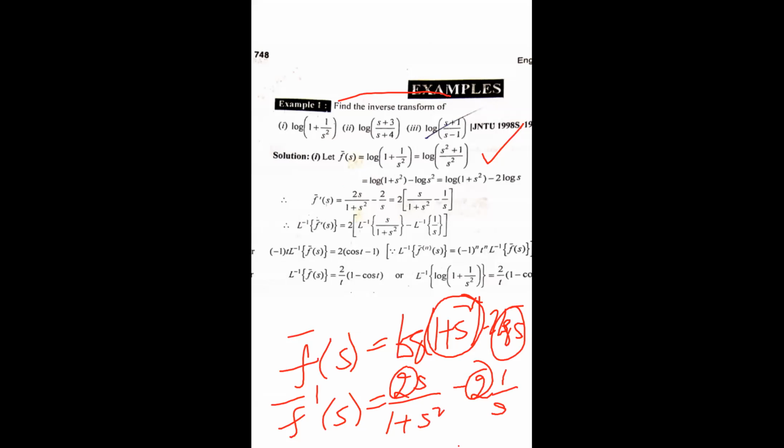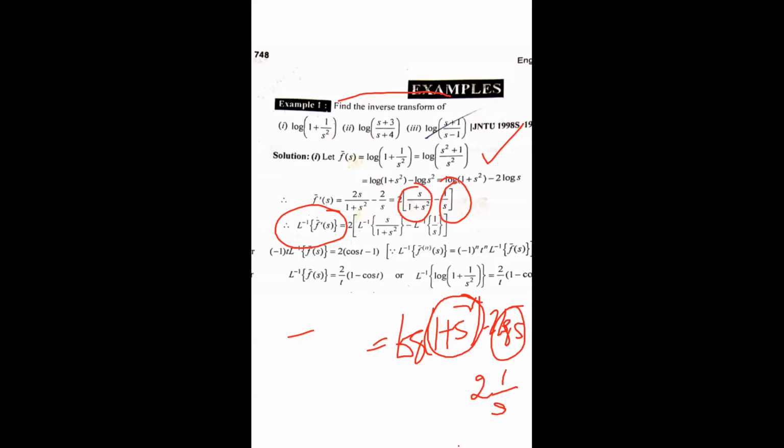Now applying L inverse on both sides. So L inverse of s by 1 plus s square and L inverse of 1 by s. These two have formulas. The first formula: L inverse of s by s square plus 1 is cos at, here a value is 1.